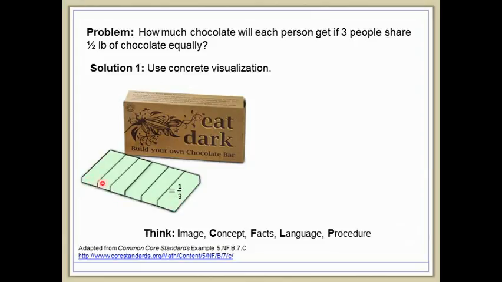It's important that these pieces, of course, all be equal in size. And now, just visually, we can see that what used to be 1/3 of 1/2 is 1/6 of the chocolate. And in other words, it's 1/6 of a pound of chocolate for one piece. And that's how much each person will get.